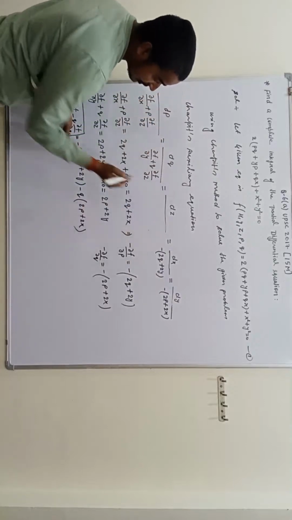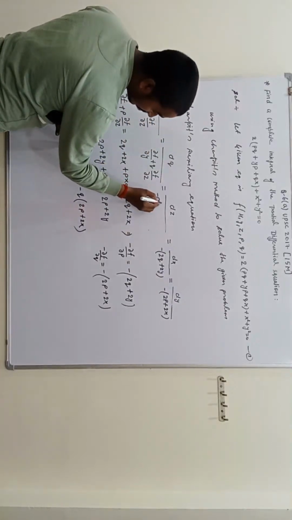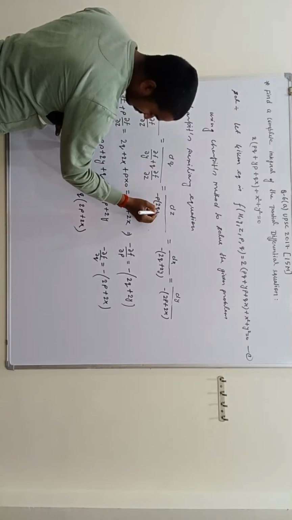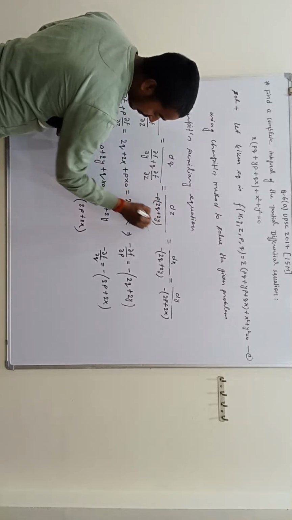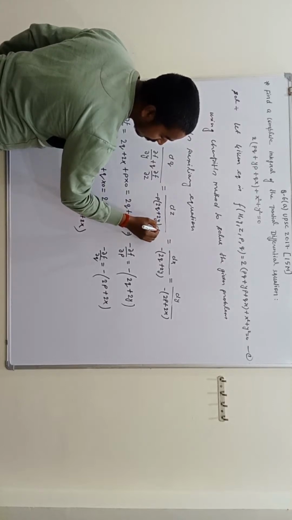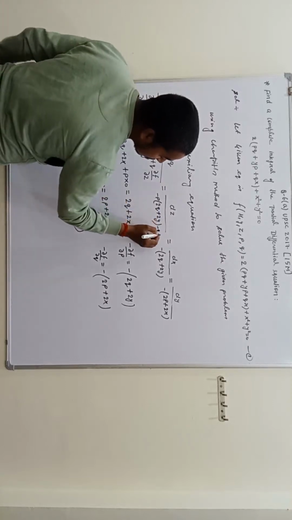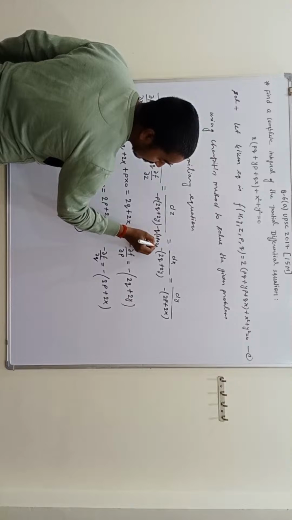Putting in, that is minus p times (2q plus 2y) and minus q times (2p plus 2x).